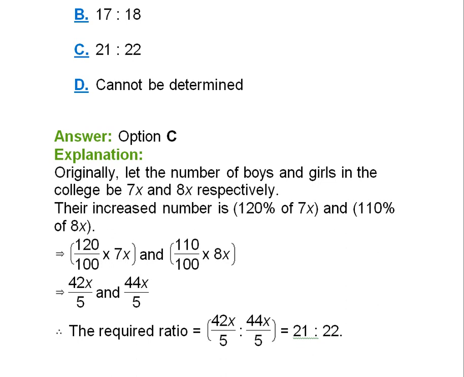You will know this concept. So you can write the percentage as 120 by 100 into 7x. Similarly, 110 upon 100 into 8x. So that will be equal to 42x by 5 and 44x by 5. Once you solve it, you get 21:22, and that is your option C, which is your answer for this problem.